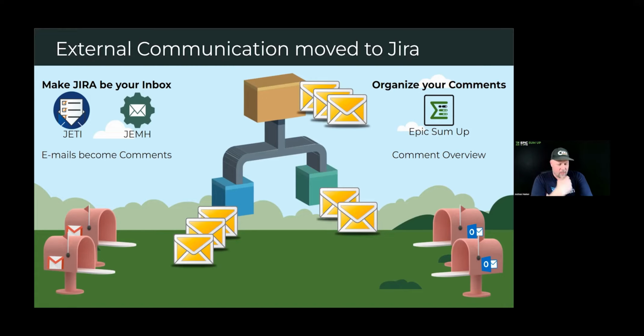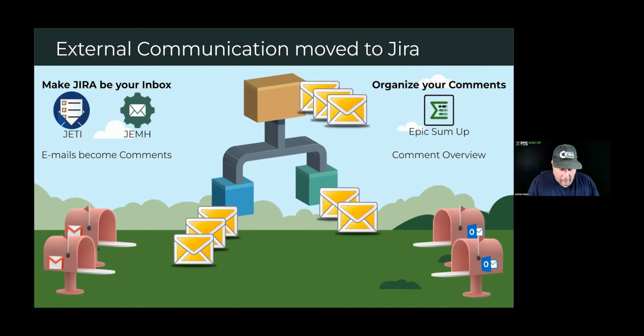So we thought, okay, there must be a better way to do that. And so we added the overview of comments into Epic Sum Up, in the summary panel. What we do is collect all the comments from all issues of your complete project and put them into one large comment thread, which is now searchable and organizable.